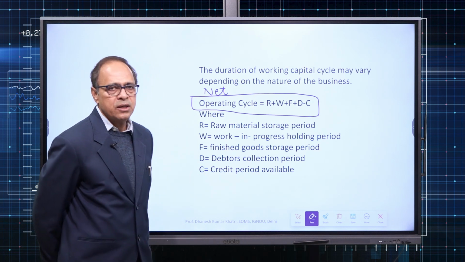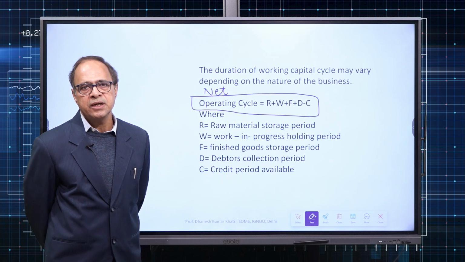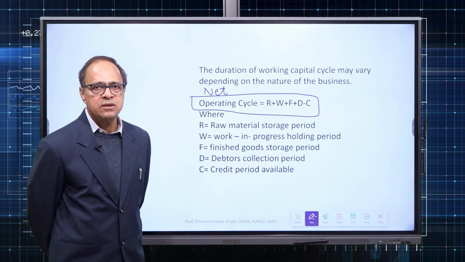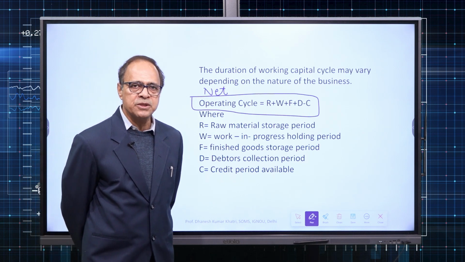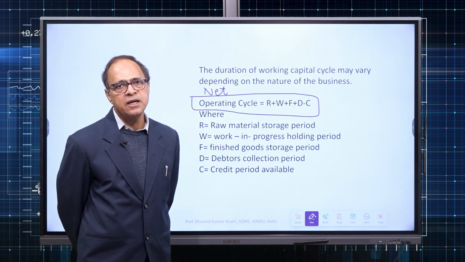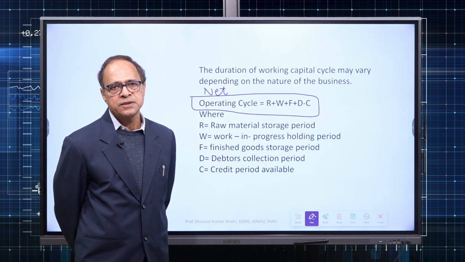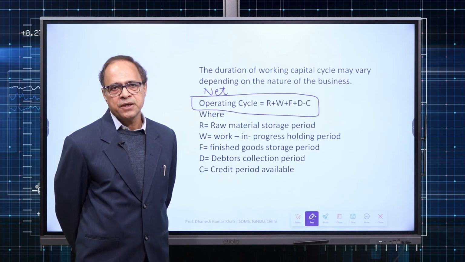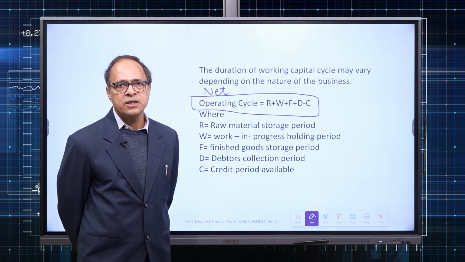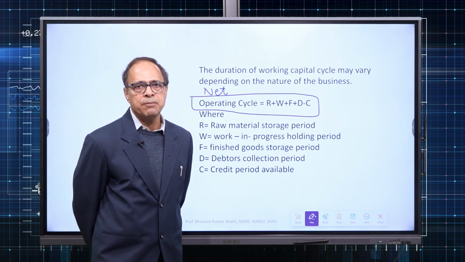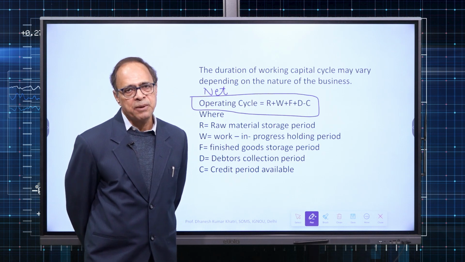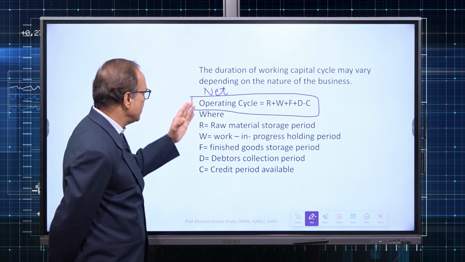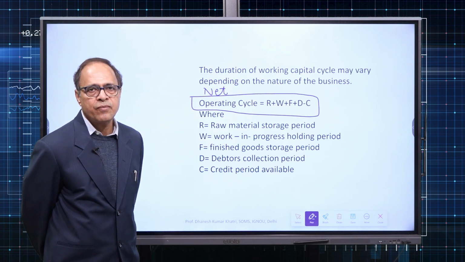Then credit period available. So, this credit period will be available for payables resulting from credit purchase of raw material as well as delayed payments or outstanding payments. But in general we take average payables period. That means on an average after how many days we make the payment to our suppliers. So, this is the way net operating cycle is there.